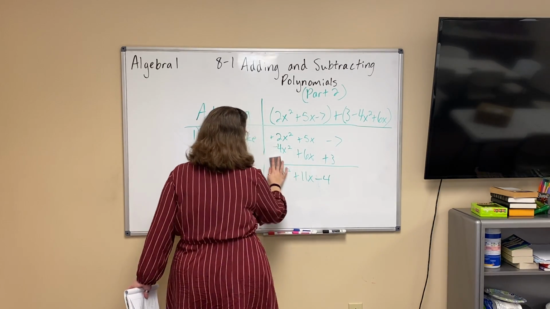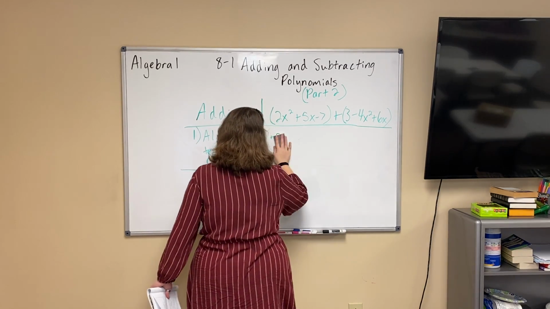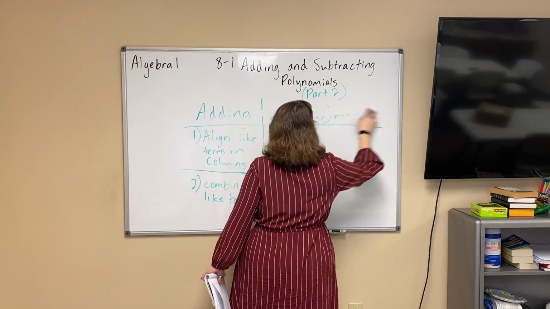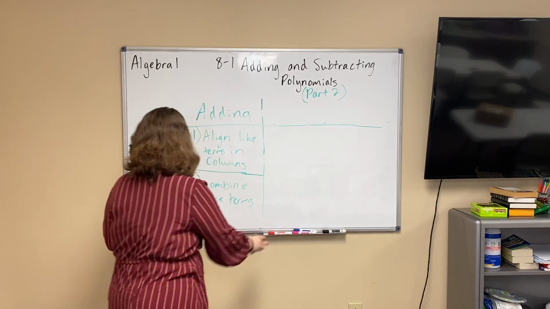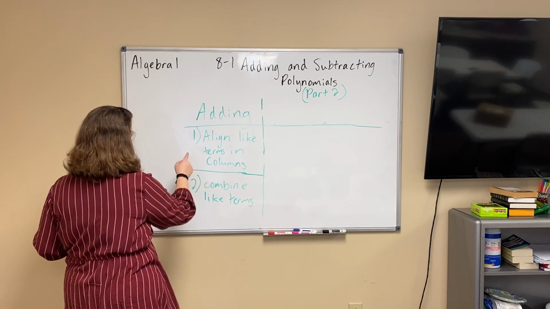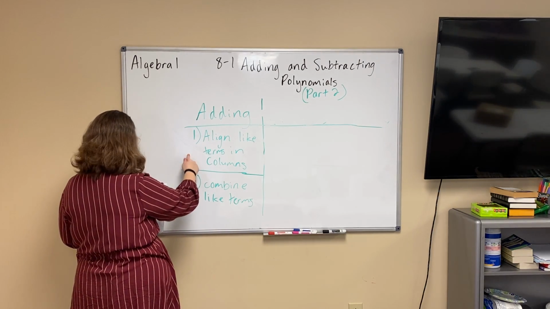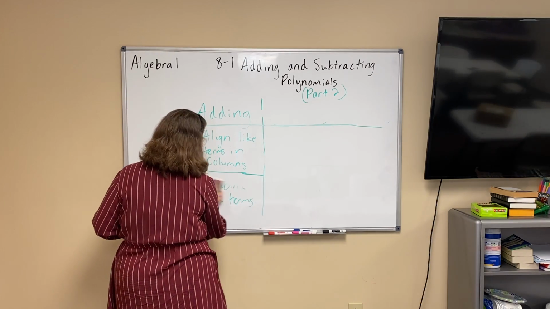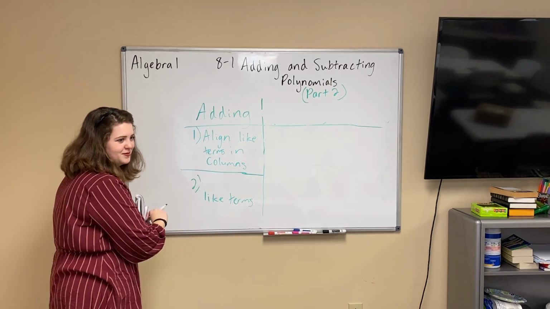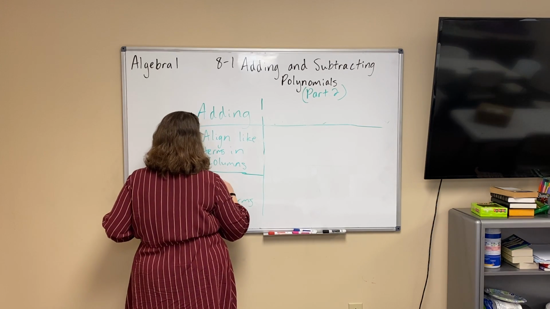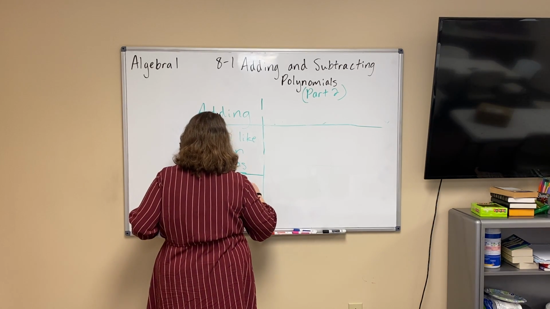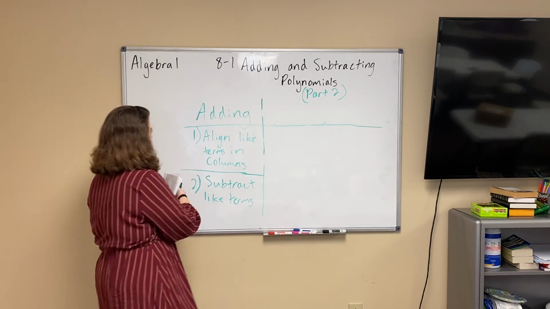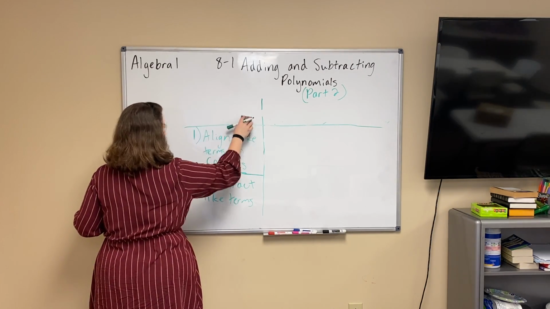Subtracting is pretty similar, but not quite the same. I'm still going to align my like terms in columns, but instead of adding the terms together, I'm going to subtract them. But I'll do an example. Let me write subtraction here so it's not confusing.